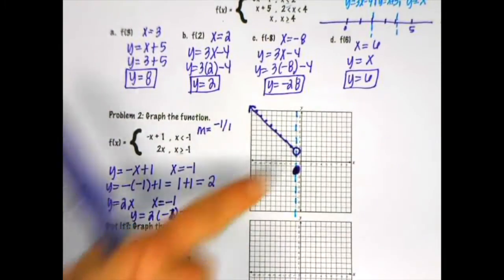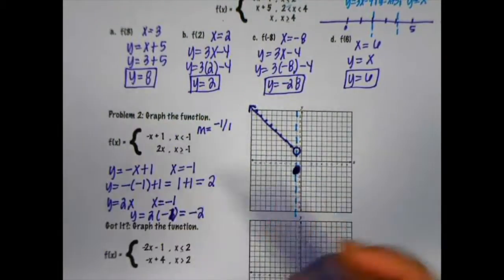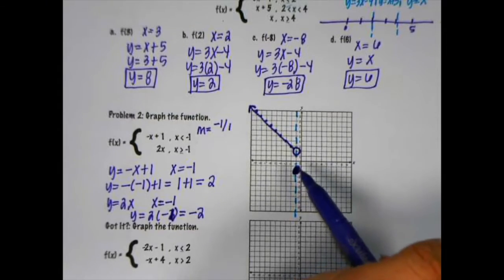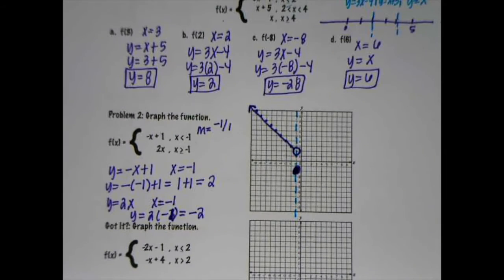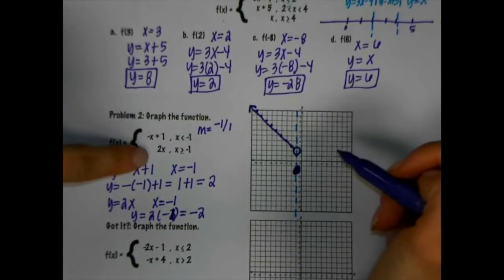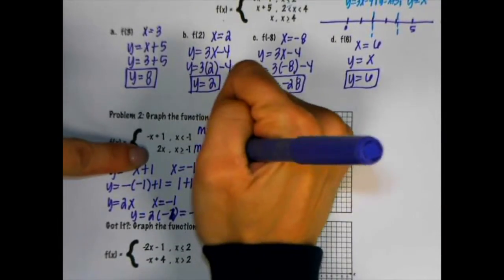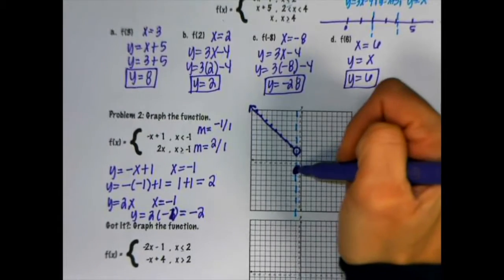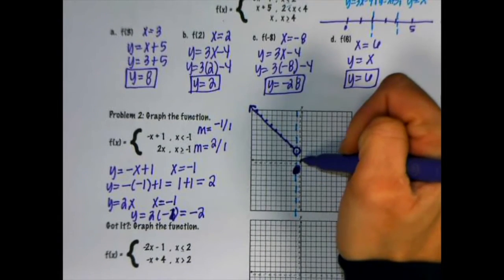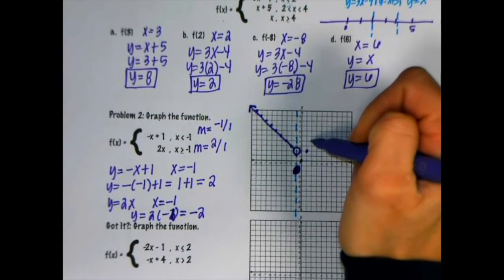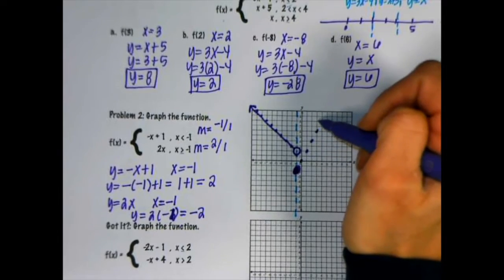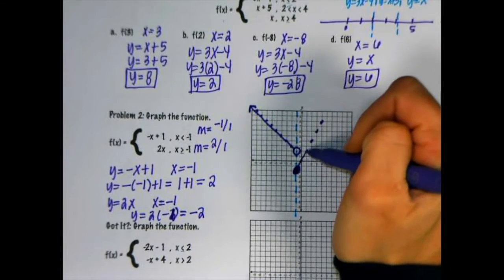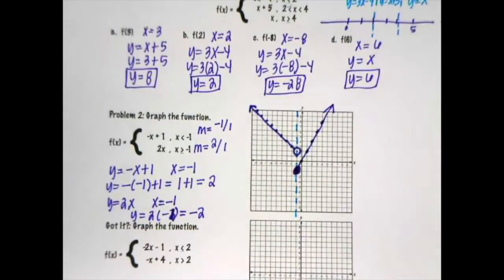On these lines where the split is happening, you're always going to have one open dot and one closed dot, because the idea is that one equation is going and the other one takes over at that point. Okay. And then what's my slope of this one? 2. So from here, you're going up 2 over 1. Like that.